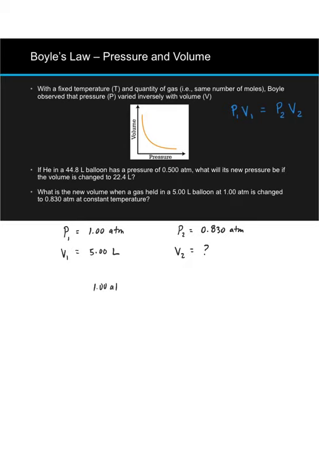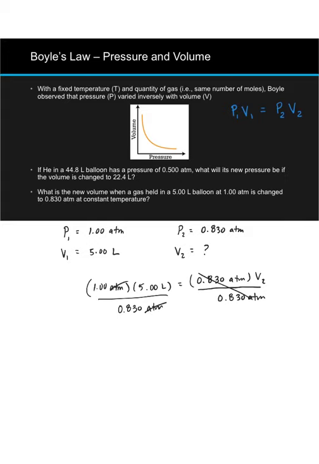P1 times V1 equals P2 times V2. This time we'll divide by 0.83 atmospheres on both sides. We should keep 3 significant digits once again. Our units of atmospheres cancel out.